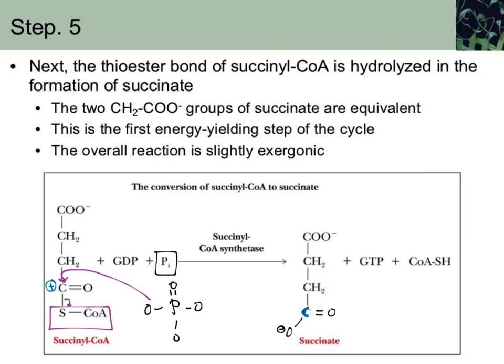But then what we would end up with is not the structure shown for succinate. We would have that phosphate hanging off of that, and that's not what succinate is. So what happens? It gives an oxygen, but then it goes and attaches to GDP. GDP has a free oxygen hanging off on the end.